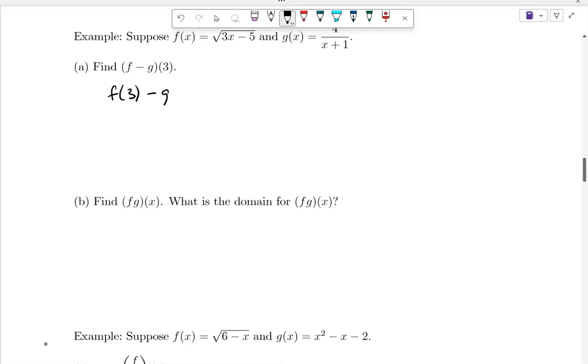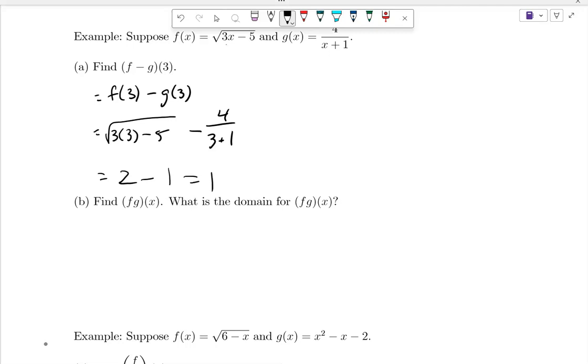Okay. Yeah, so remember the definition is just to do f of 3 minus g of 3, right? So in the first case, we put 3 into the first function, so that's the square root of 3 times 3 minus 5. And the second one, 4 over 3 plus 1. Just plug it into both. Yeah. 3 times 3 is 9, minus 5 is 4. The square root of 4 is 2. 3 plus 1 is 4. 4 over 4 is 1, so we end up with 2 minus 1, which is 1, right?